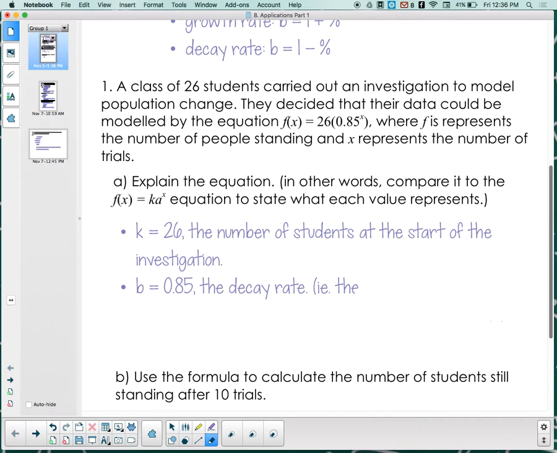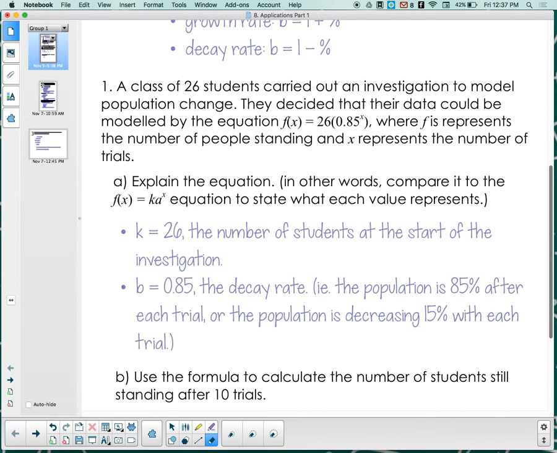Which means, technically, how much is your population decreasing after each trial? If our decay rate is 0.85, after each trial, how much is the population decreasing? Ryan? By 15%. Correct. We are losing 15% of the population each trial.